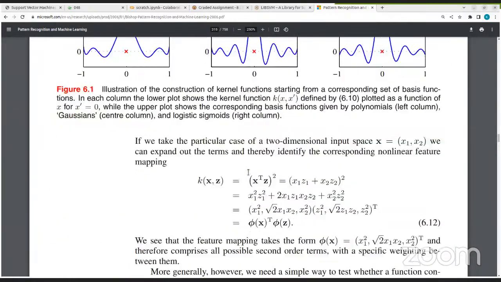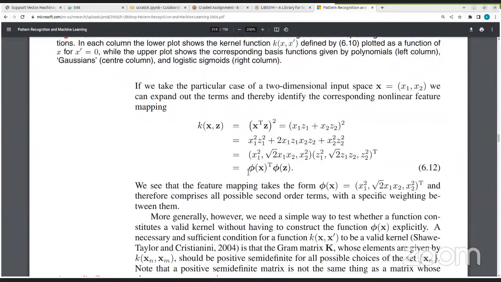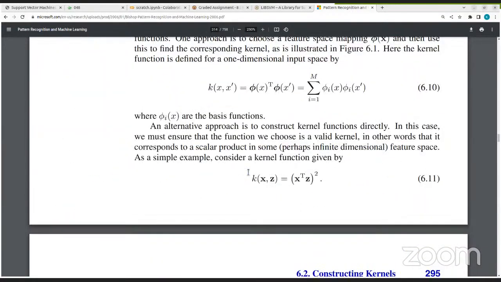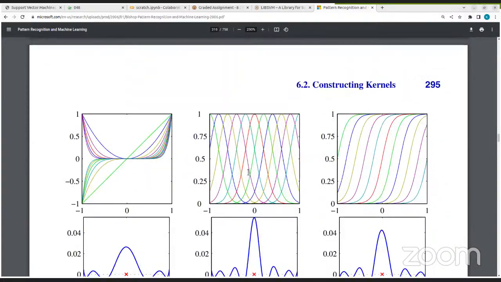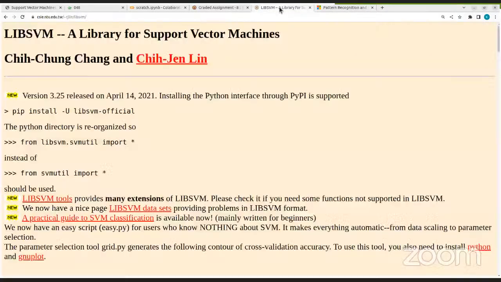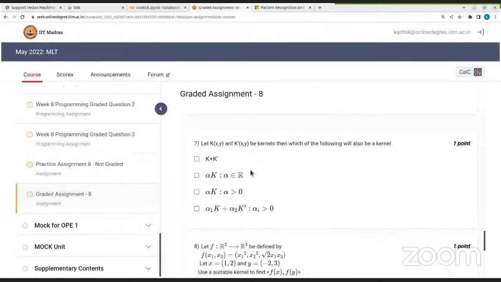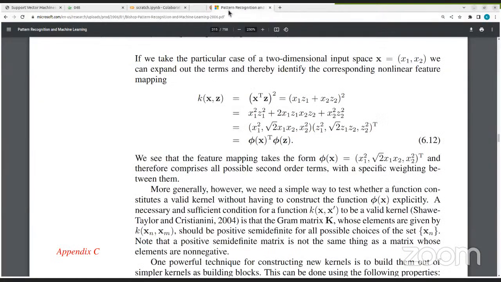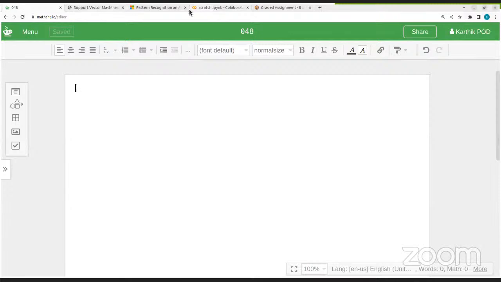But to understand the idea of what a kernel is, let's take this. I think this is what this question is asking. Since we haven't taught this explicitly, it's good to go through it.